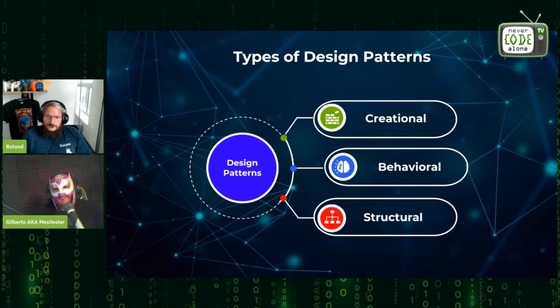And maybe this comes from the single responsibility or other design principles. But yeah, so we have those three: creational, behavioral, structural. That doesn't mean you will use only creational all the time, or only behavioral, or only structural.